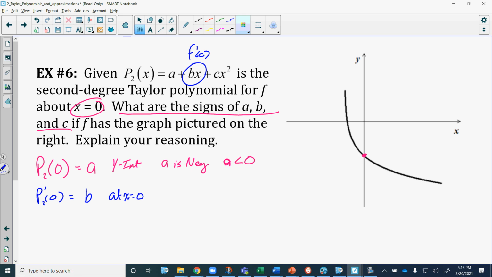Now, at x equals 0, think about it in terms of a derivative. At x equals 0, the function that we see at the right is decreasing.